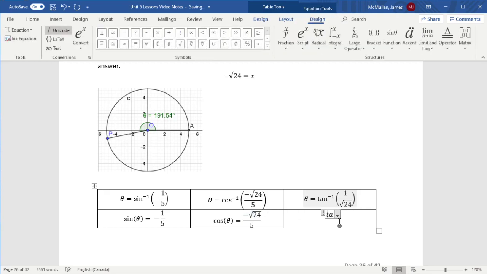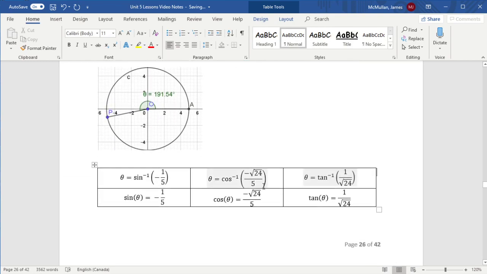And we knew that the tan of theta is equal to 1 over square root 24, and it was positive.